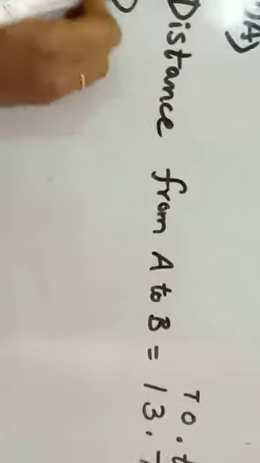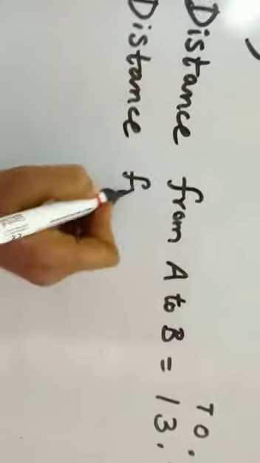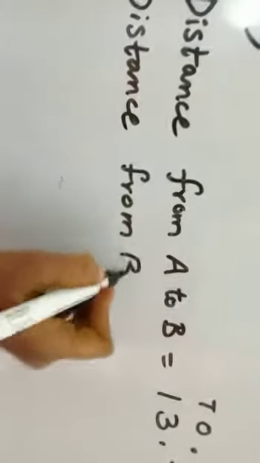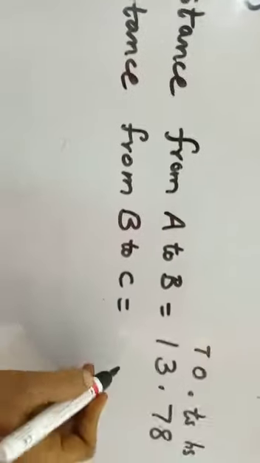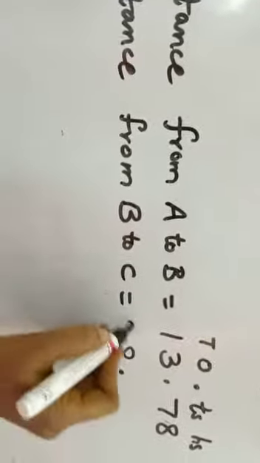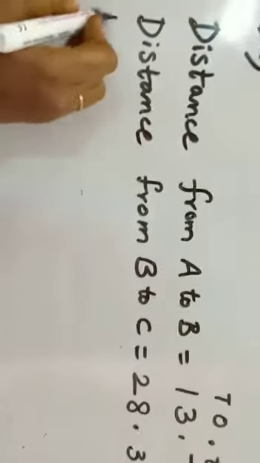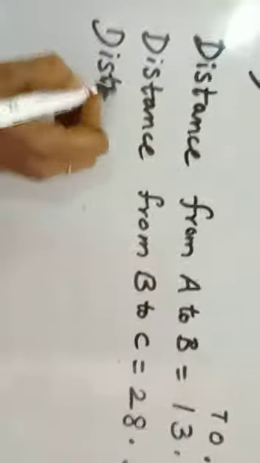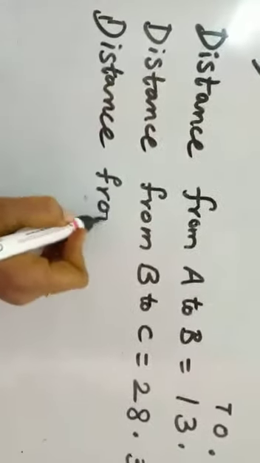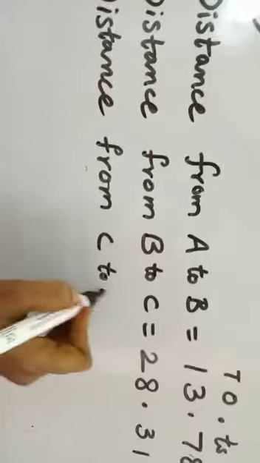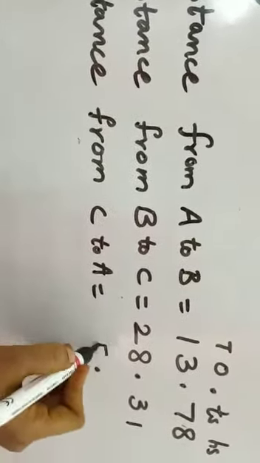Next, distance from B to C, 28.31. Next, distance from C to A, 35.91.